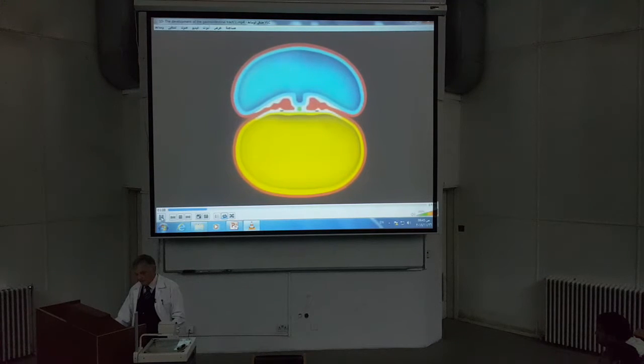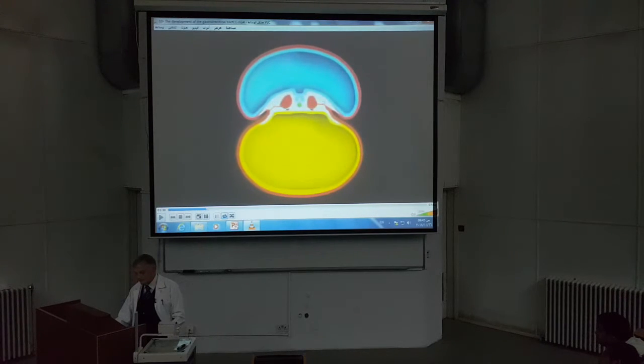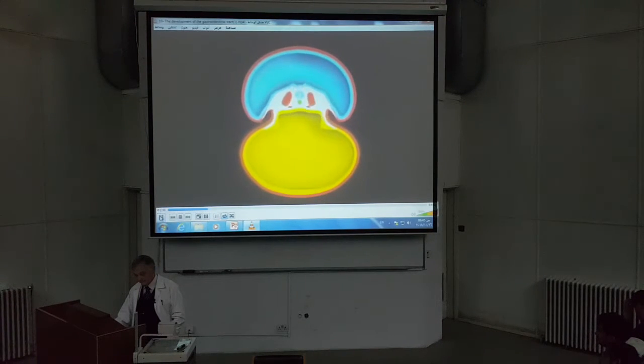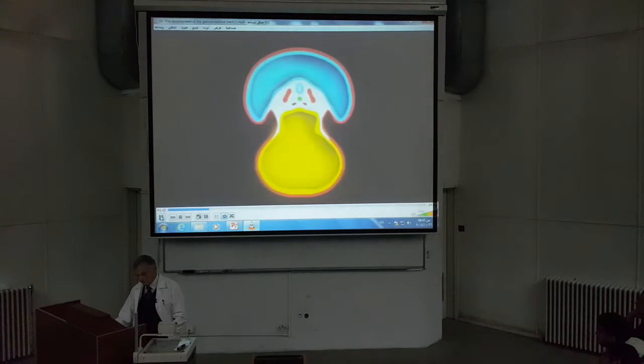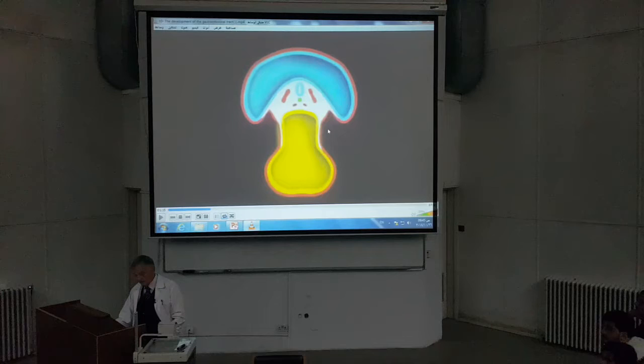This is the development of the neural tube. Okay. This is what is going to be the future tube of the gastrointestinal tract. You can see there is a constriction because of folding of the embryo.